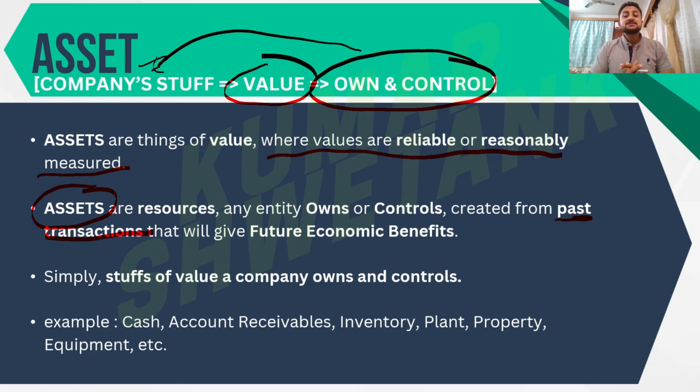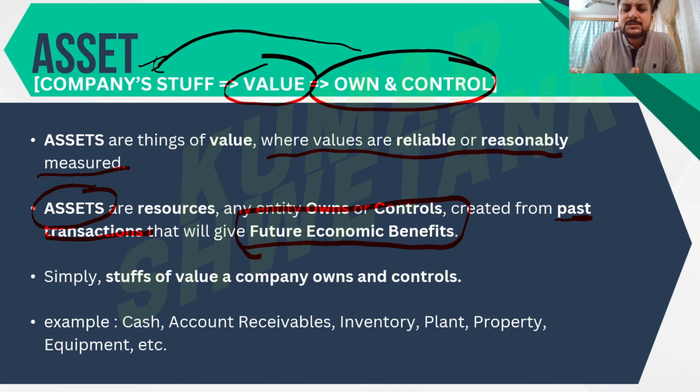These assets are created from past transactions, and they are going to give you future economic benefits. So an asset is a company's stuff which has its own value, those values can be measured, these stuffs are owned or controlled by the organization, and they are created from past transactions and are going to give future economic benefits. This is what an asset is all about.